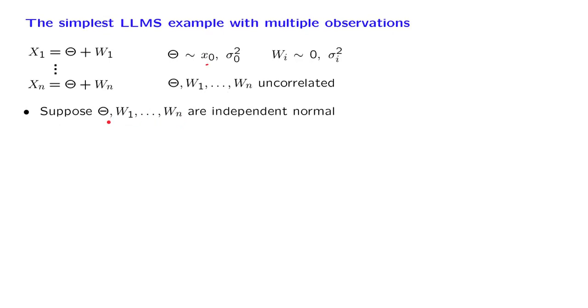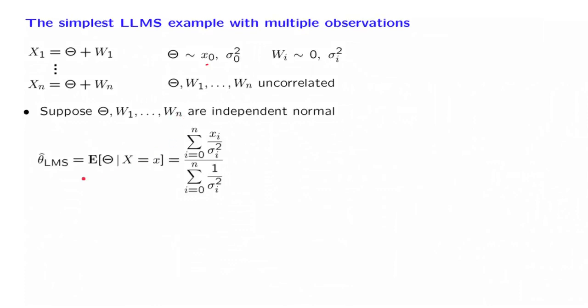Because the posterior was normal, we found that this was also the conditional expectation estimator of theta, and we did find a formula for it, which took this form. This was the form of the optimal estimate of theta if you obtain values for the different observations, little xi.